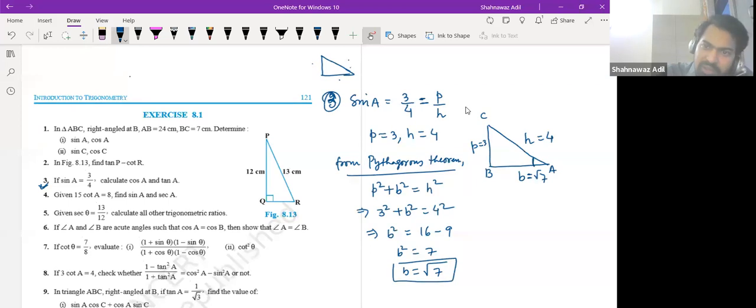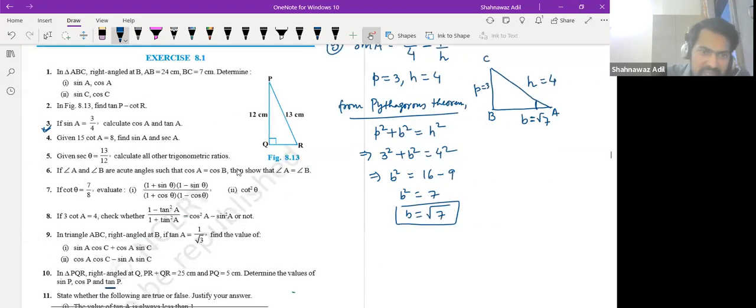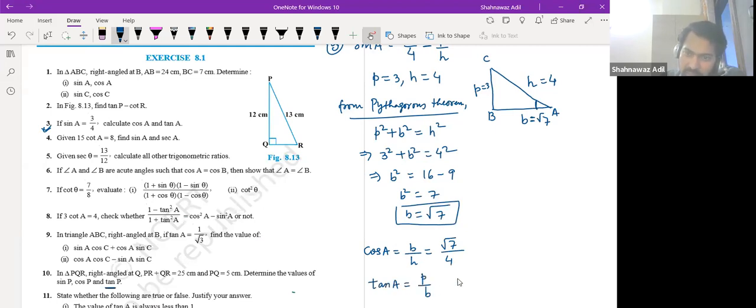So we have all the values, and now we can calculate cos A. So cos A would be base by hypotenuse. Base we have calculated as root 7, hypotenuse is 4. Similarly, tan A is P by B. So P is 3 and B is root 7.